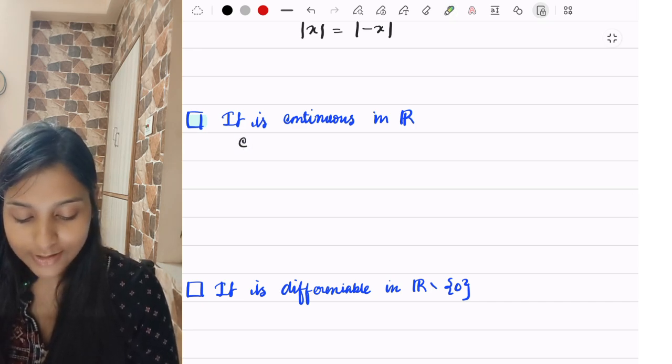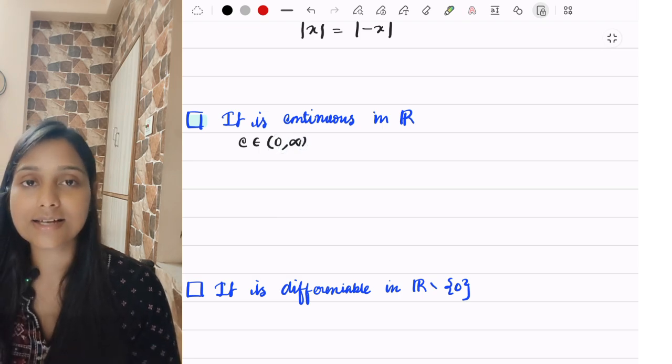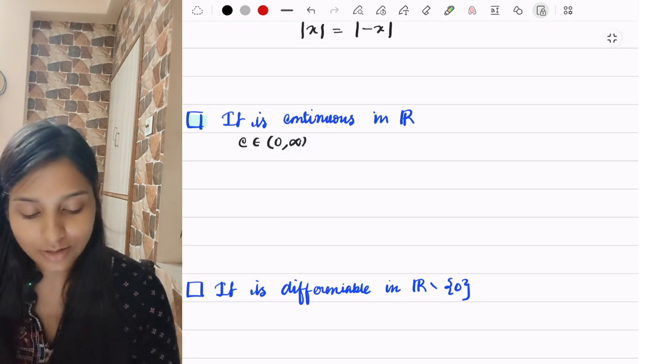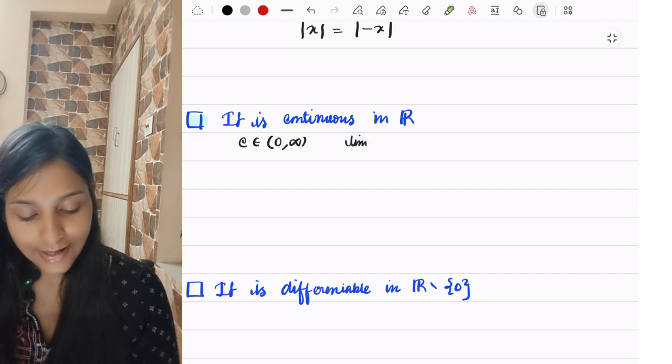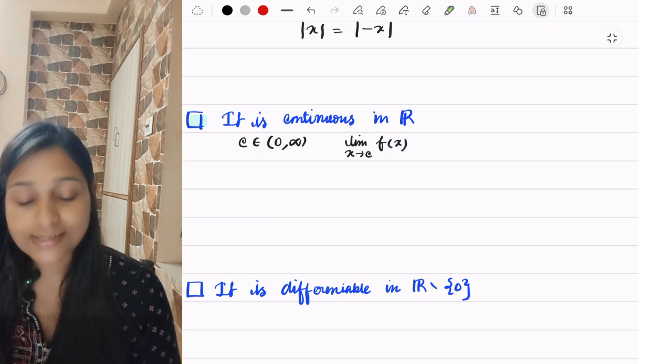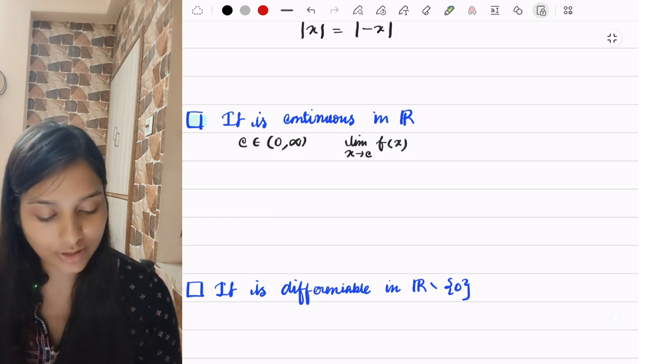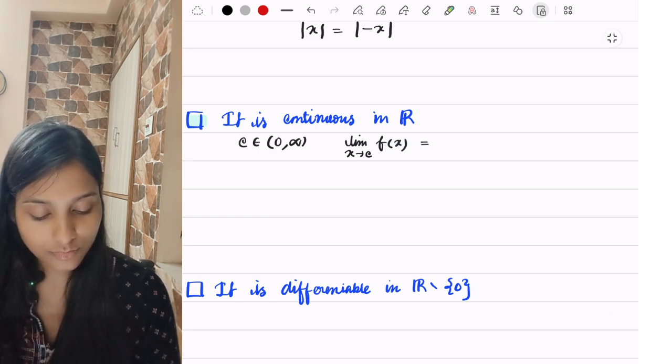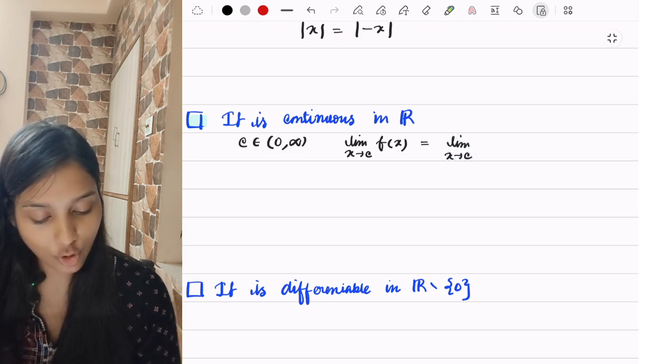One is when C belongs to 0 to infinity, that is, C is a point in the positive part. For that, we have limit x tends to C of f(x). C is in the positive part, so the function is limit x tends to C of mod x.